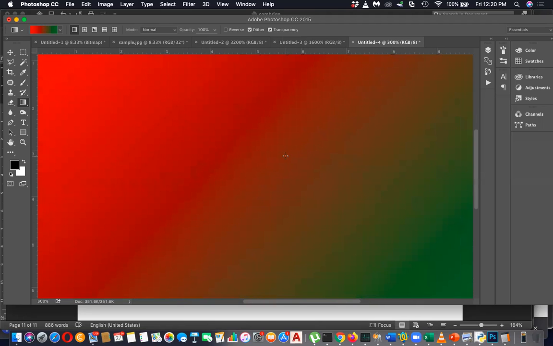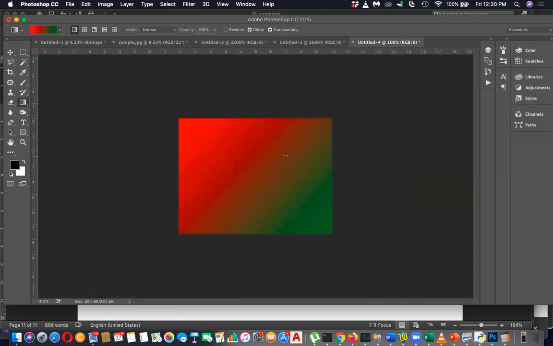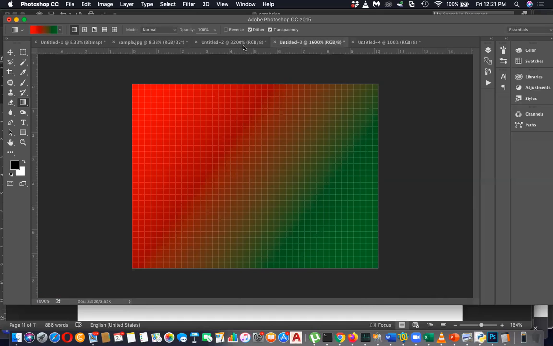So you can go for 120,000 colors. But still the size is 4 inches by 3 inches. Understood? Yes, sir. Okay, so what will happen when you increase the resolution?